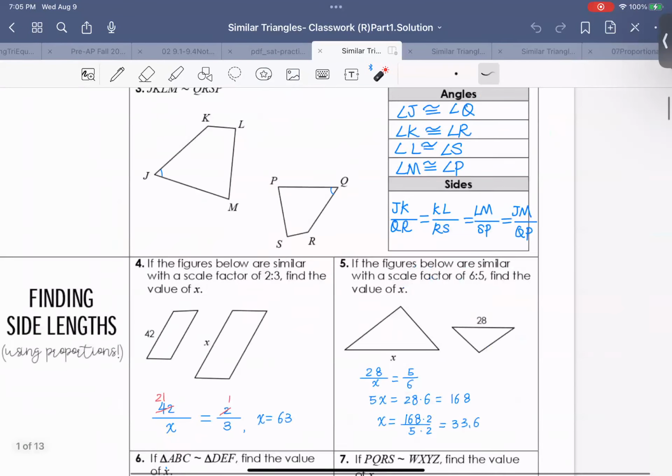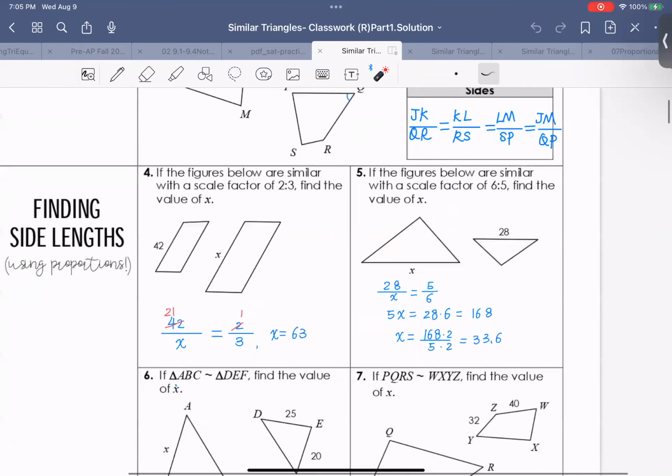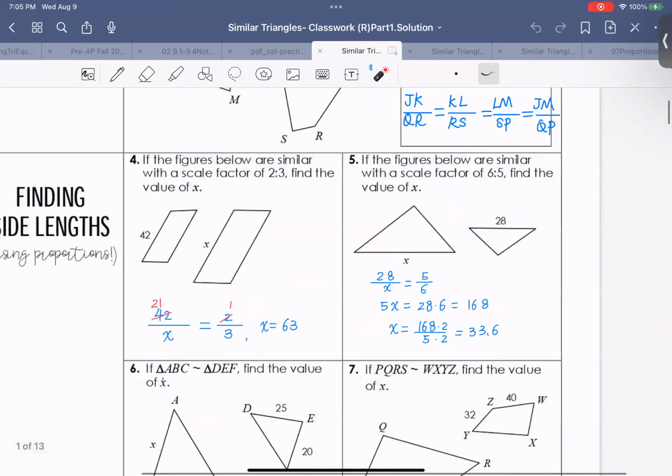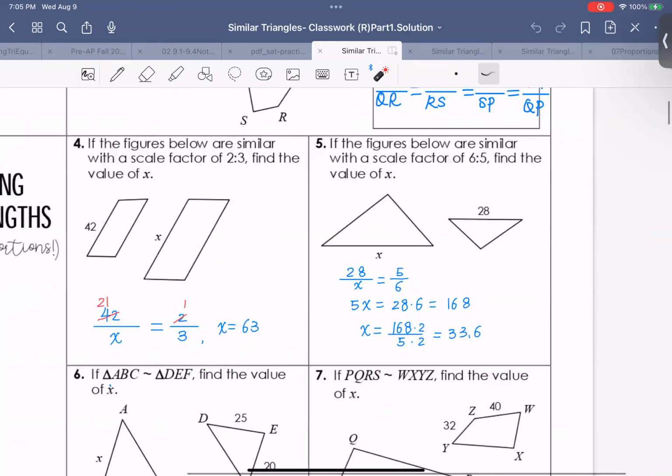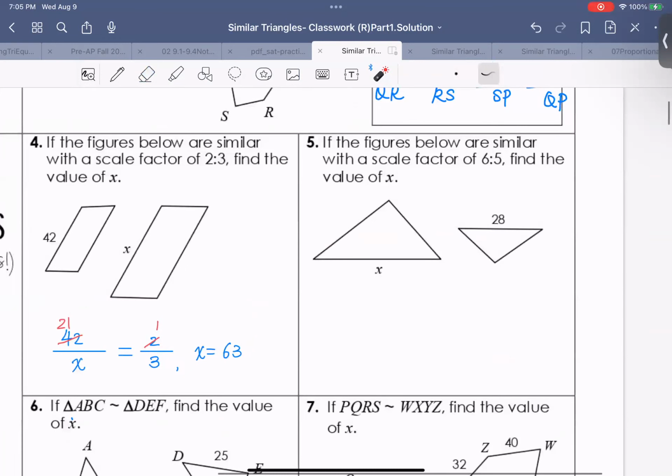Based on this, we will do the calculation. Let's see here, for example, number 5. The problem is showing you a scale factor. Haiti, let's try here, please. These two figures have a scale factor of 6/5.